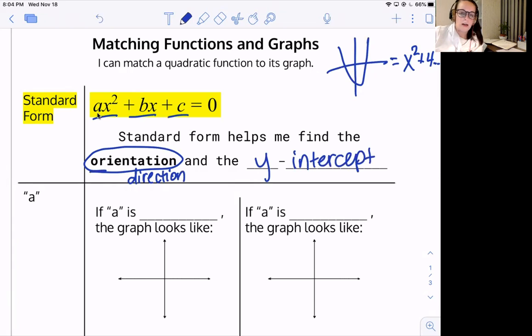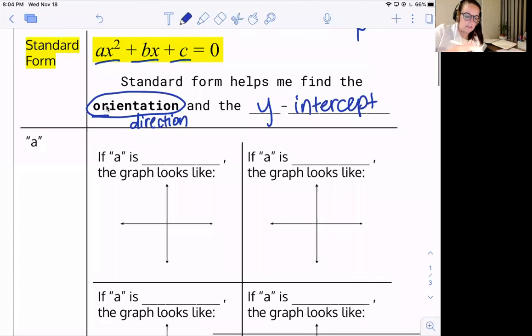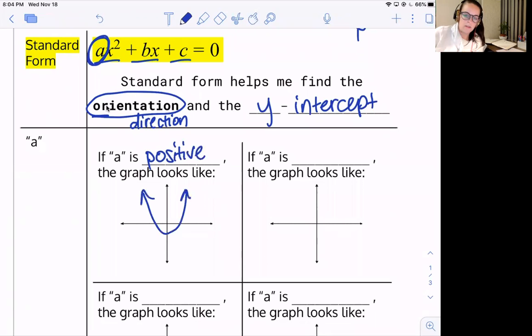So the a, this number here in front: if a is positive, then the graph is going to be going up, right? Up like a cup, I could fill it up with water.